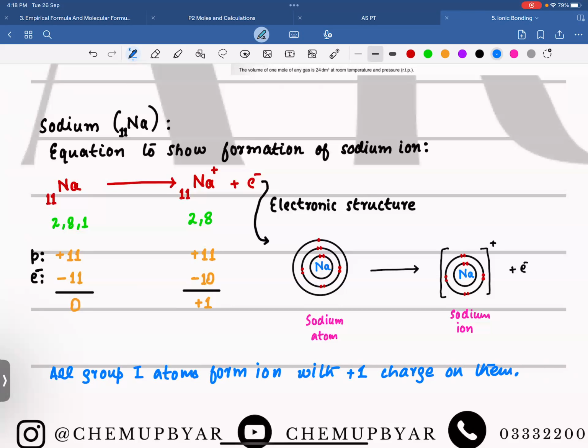Then, have you drawn the structure as well? Okay. Khadija, are you also done? Yes, sir.